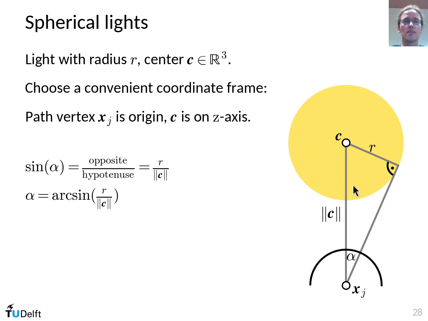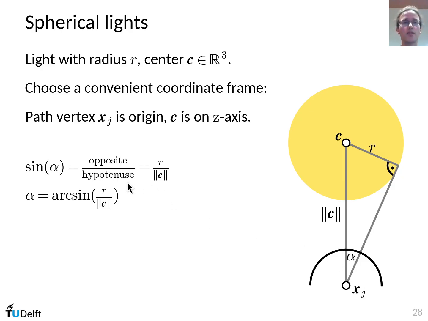And then what we are interested in now is the set of directions that we have to sample to get directions that point towards this light source. So we want to know the opening angle that we have here for this cone pointing towards the light. And then this set here on the unit sphere is a so-called spherical cap.